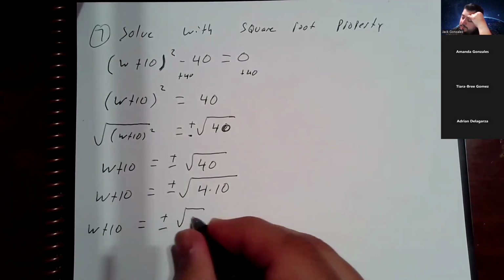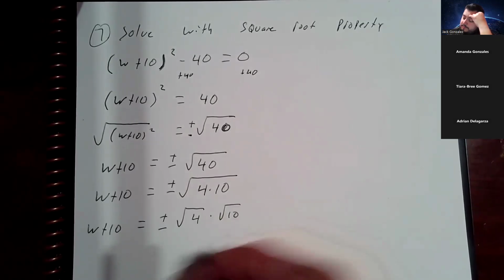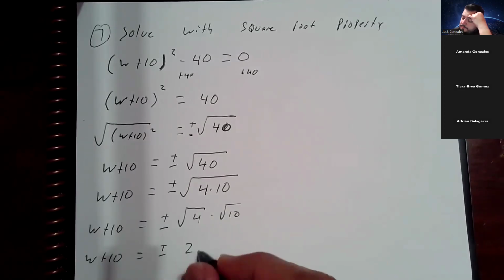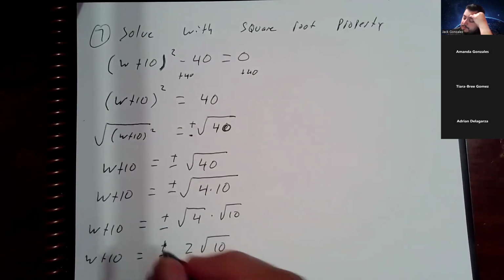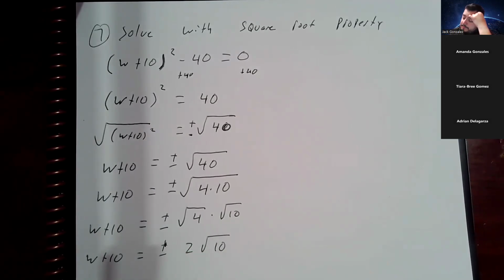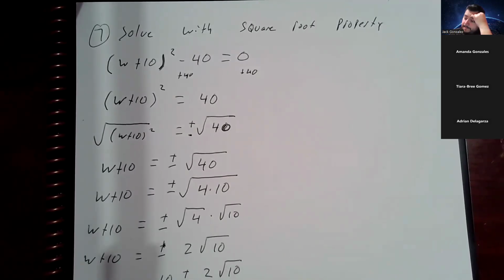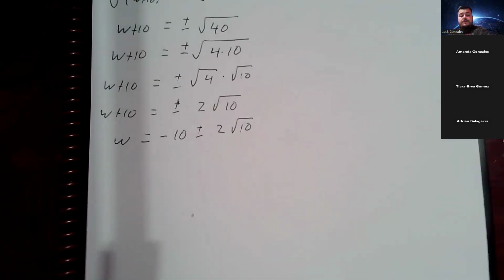So remember we said, you separate these, right? Square root the 4 gets us to here. Subtract the 10 over gets us to here. So these are our two answers. It's not very pretty. That's how it goes.